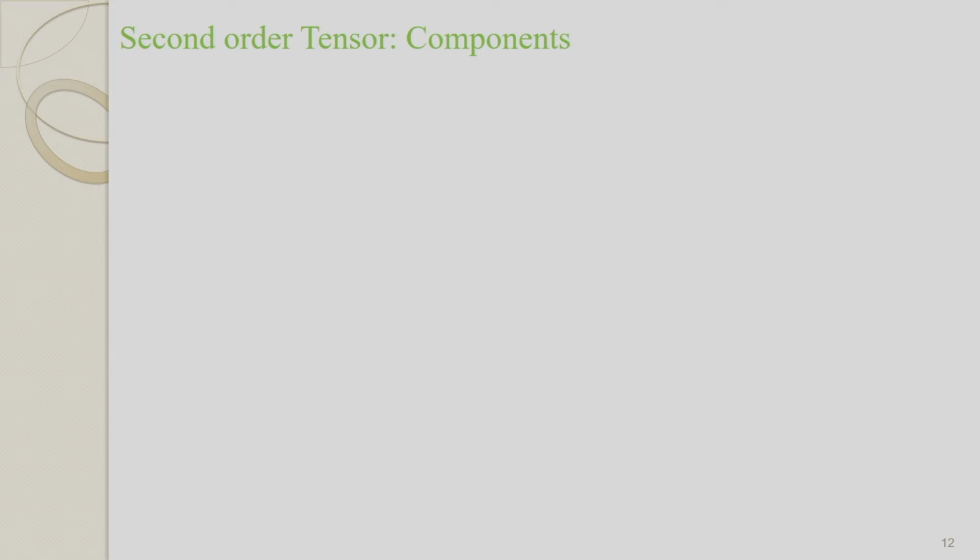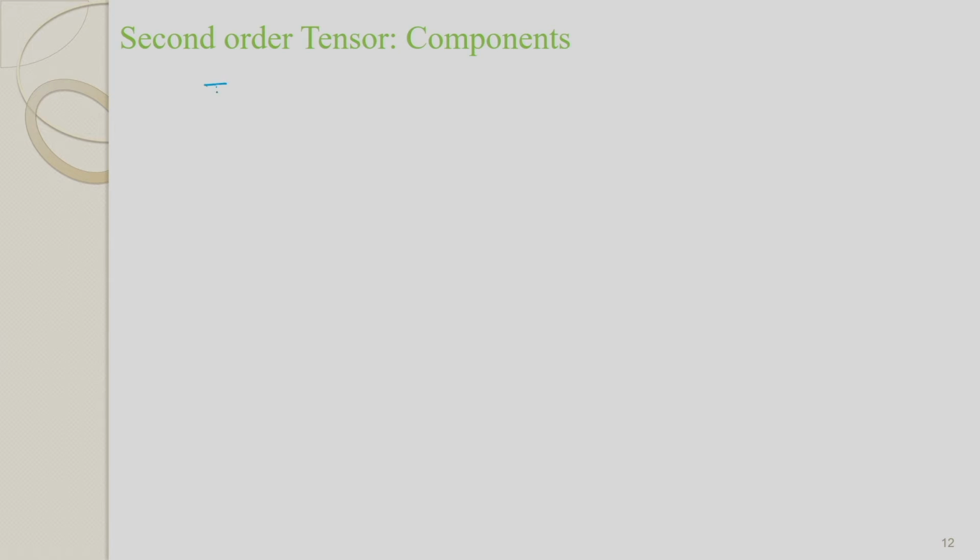Now, we will understand components of a second order tensor by indicial notation. We can write the components this way.